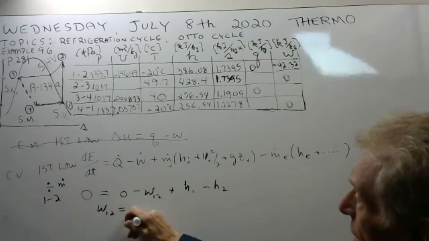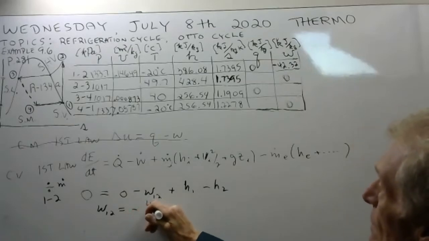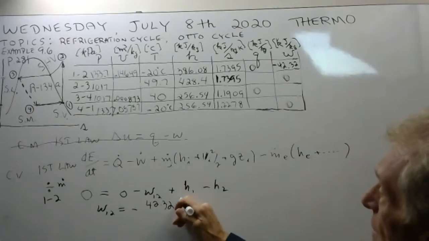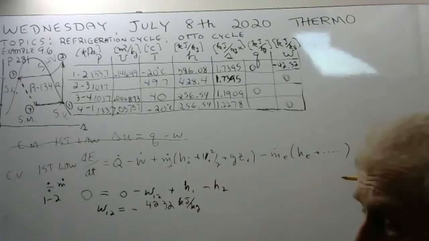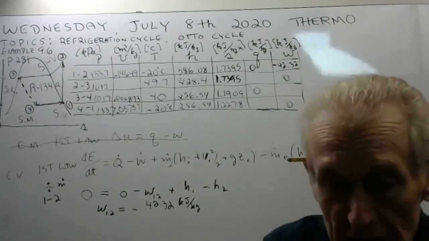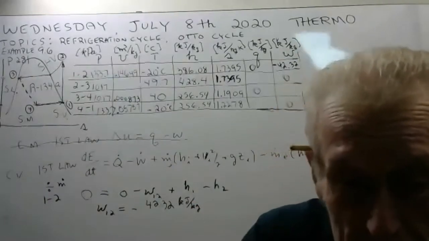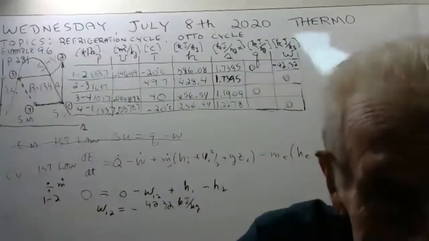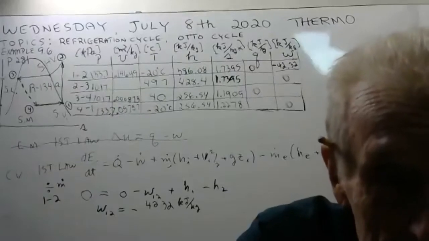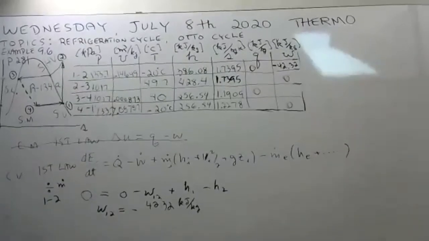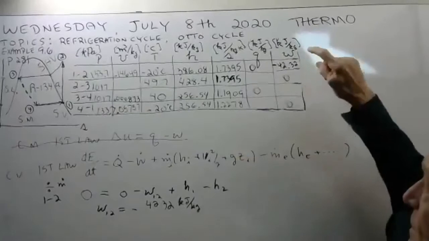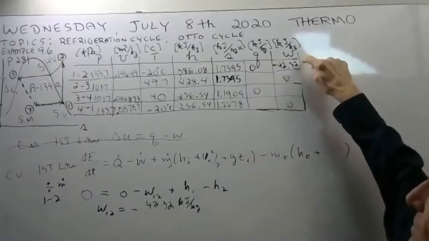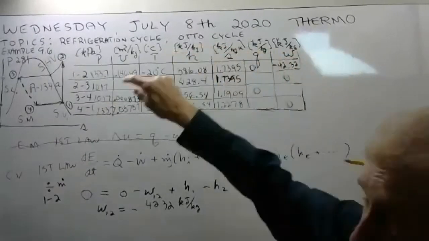What does it mean, negative? How come it's negative? Let me ask one of my wonderful students. That's Cameron. Cameron, this work per mass is negative in the compressor.